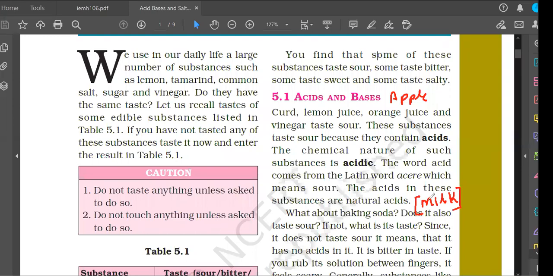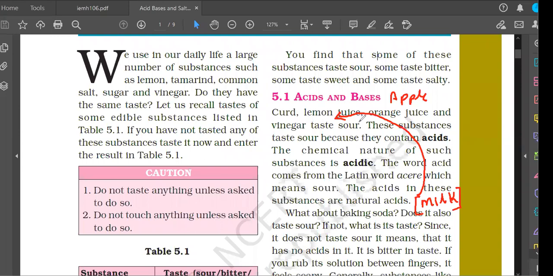Since things are not taught in very much detail in your syllabus, you will say milk does not contain any acid. But milk is converted into curd. So there must be some kind of acid. It might be a very, very weak acid so that it is not that sour in taste.